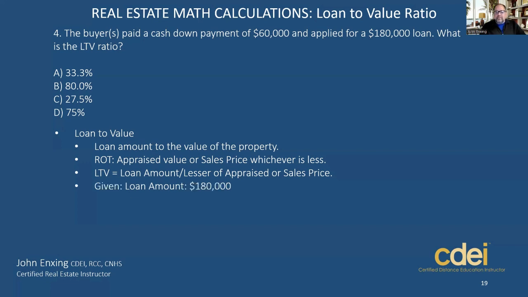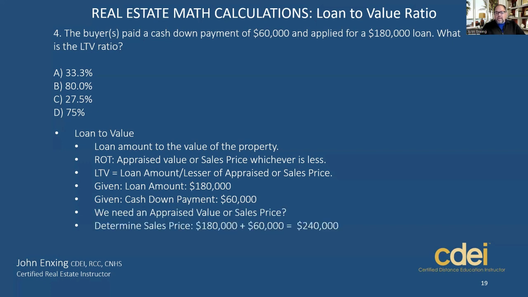To calculate it, you take the loan amount and the down payment and add them together. It's $240,000. That is the price of the home. If you're borrowing $180,000 and you've put $60,000 down, you add them together, that's the price of the home.